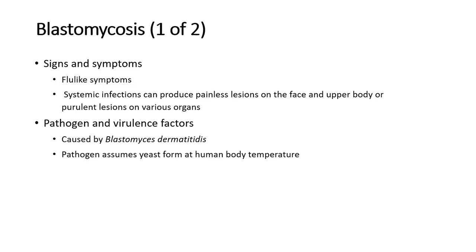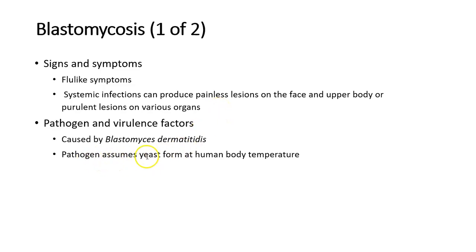Blastomycosis. This is caused by Blastomyces dermatitidis. This is a systemic infection. It can produce lesions on the face and the upper body that can get pretty nasty on the face. I will tell you that right now. Or purulent lesions on various organs.